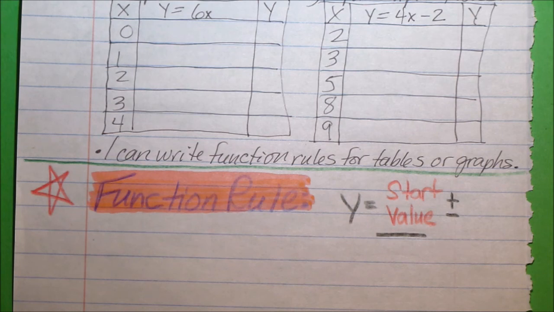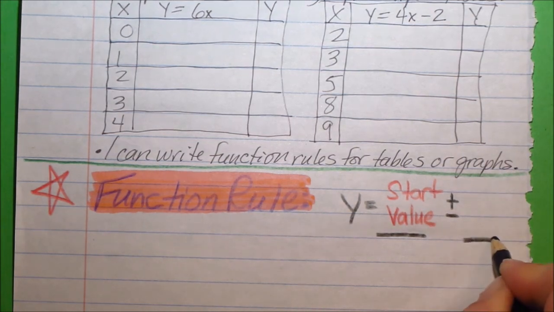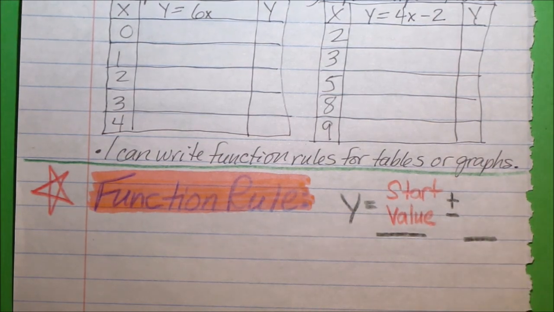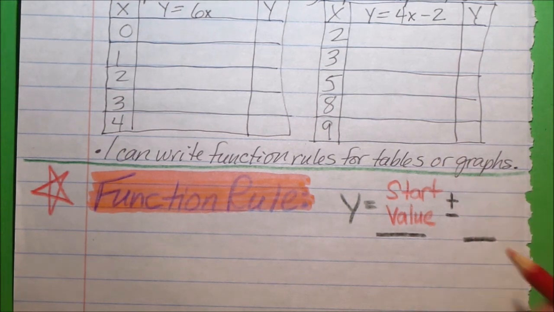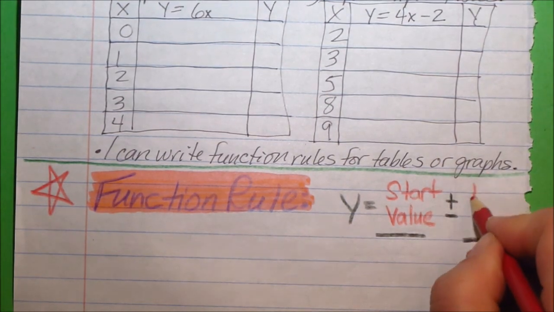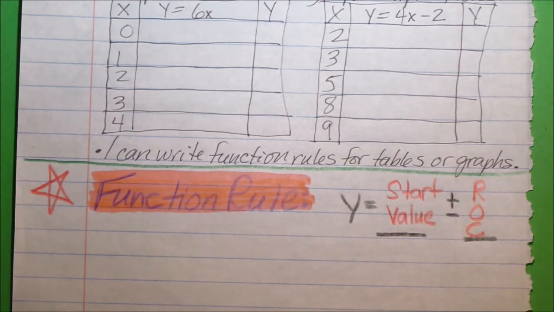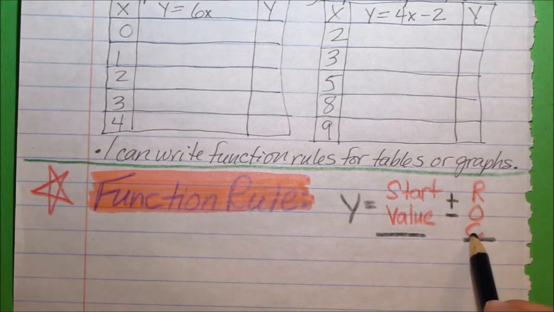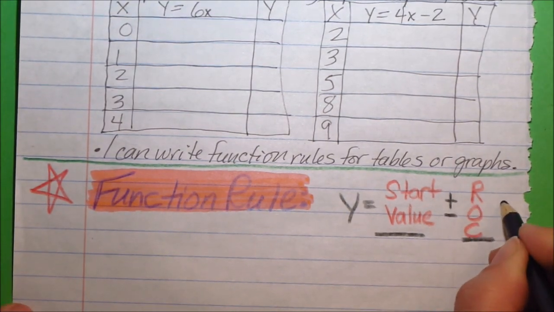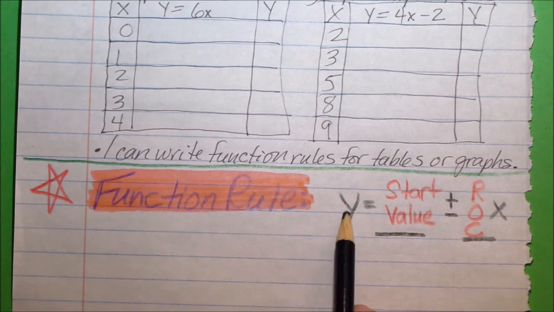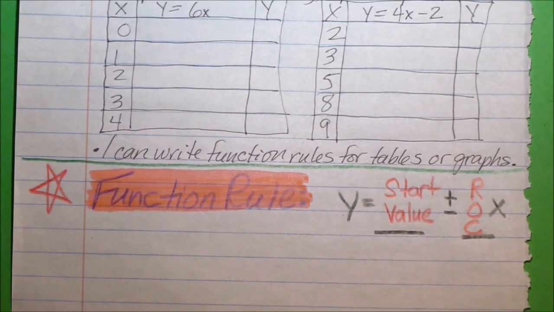Okay. And then there will be another number, and we call that the rate of change. And we abbreviate that ROC, rock. So the rate of change. And then the function rule ends, whatever this number is right here, it ends with x. So you have a y and an x variable in a function rule.